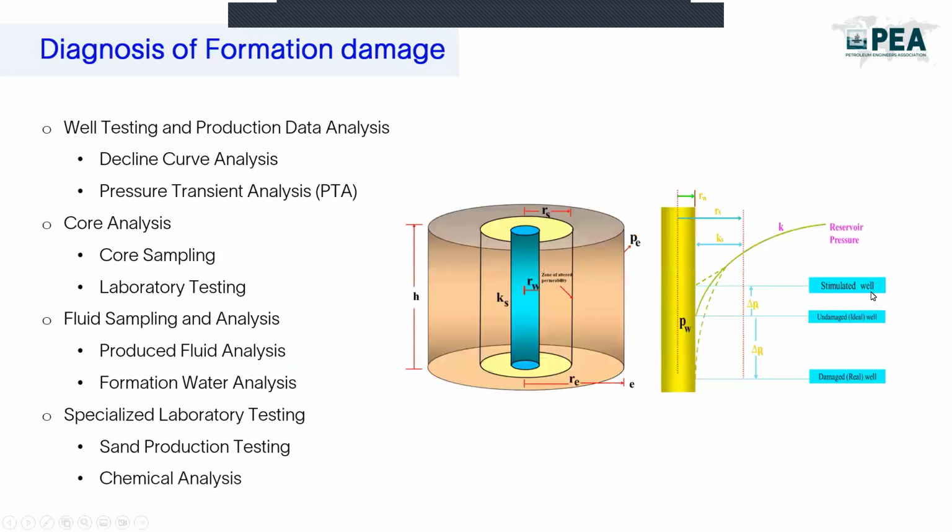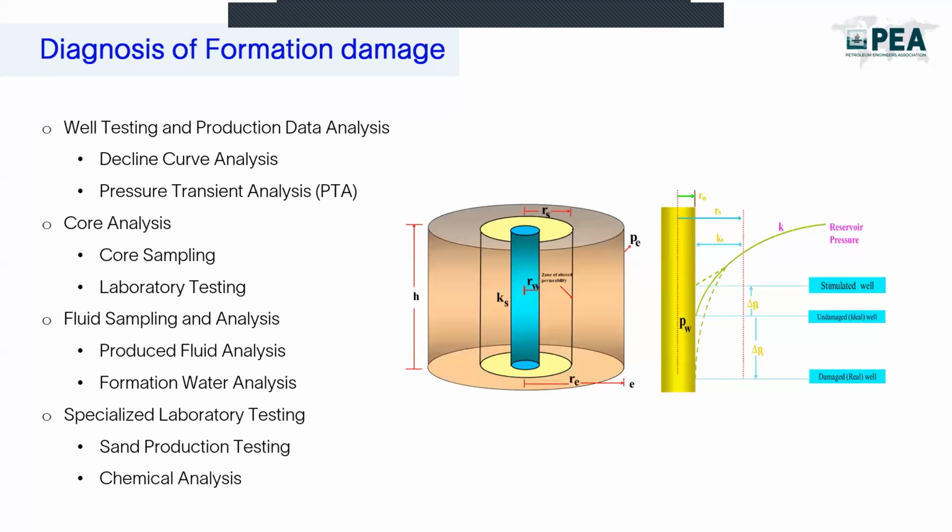So up until now we were talking about the main causes of damage. Now let's see how we can diagnose if we have formation damage or not. Diagnosing the formation damage is a critical step in identifying the causes of reduced well performance and implementing effective remediation strategies.